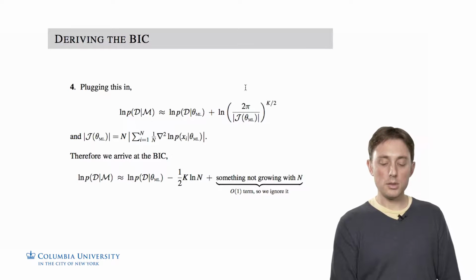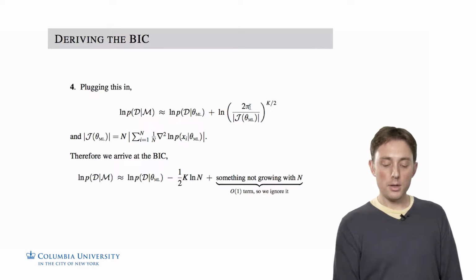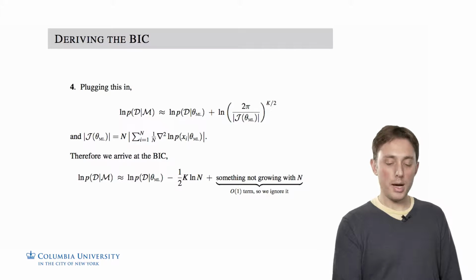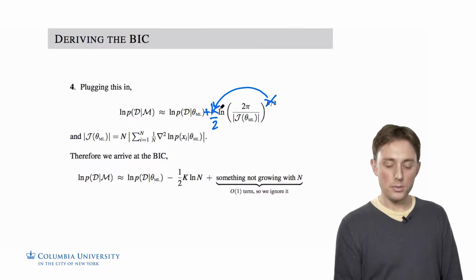So the penalty now is the log of 2 pi over the determinant of j, raised to the k divided by 2 power. And remember, if we have the log of a value raised to a power, we can simply bring this out front and multiply by k over 2.